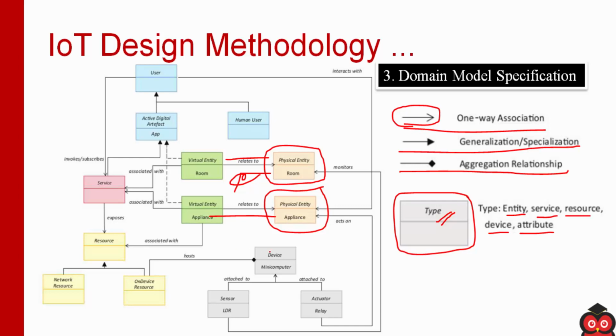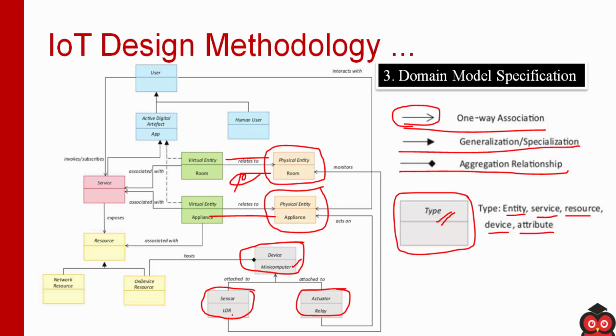Okay, and then the second category we have is devices. So in this case the device they are using is a mini computer. Let's consider Raspberry Pi. So this device is Raspberry Pi, and Raspberry Pi contains sensors as well as an actuator. The sensor they are using is LDR.